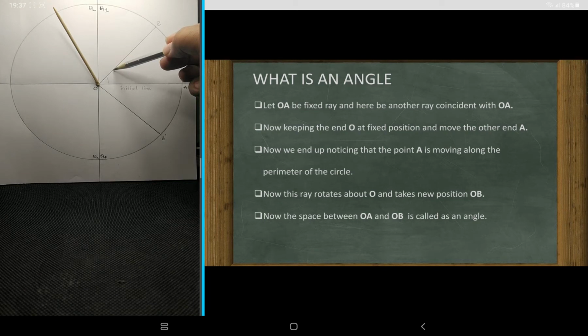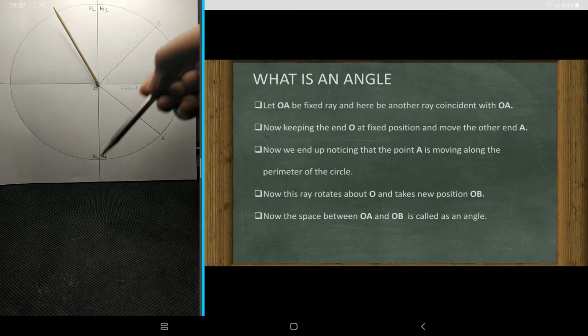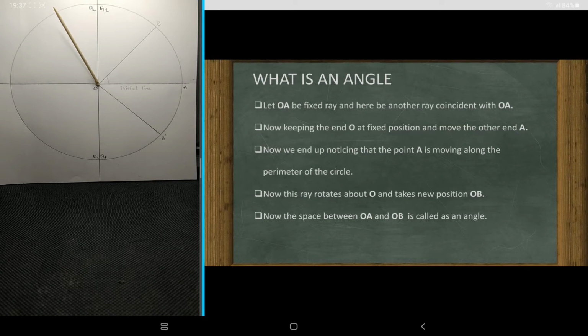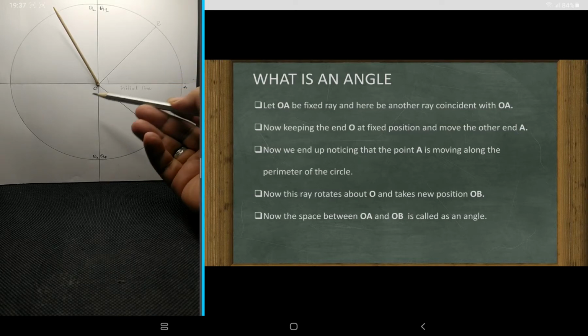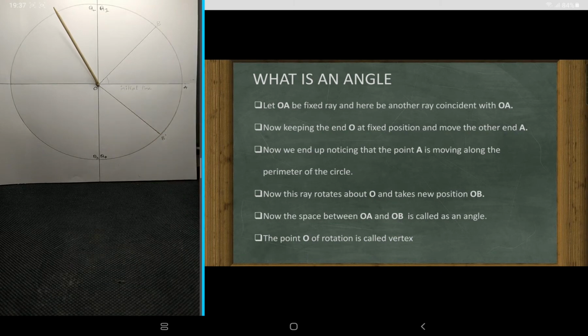The distance between the respective points might differ, but all the different distances have the same name, an angle. The space between two lines which are intersecting at a point is called an angle. Here both the rays OA and OB originate from O, so we call O the vertex.